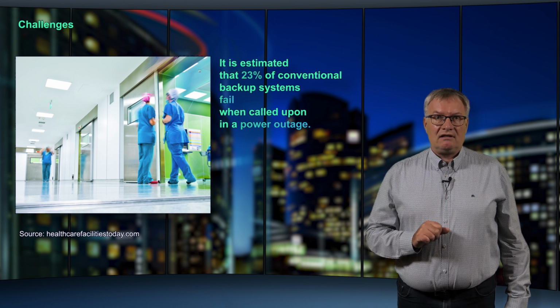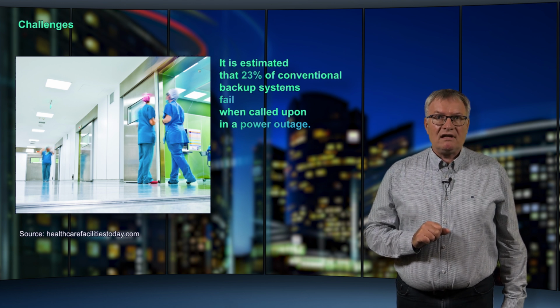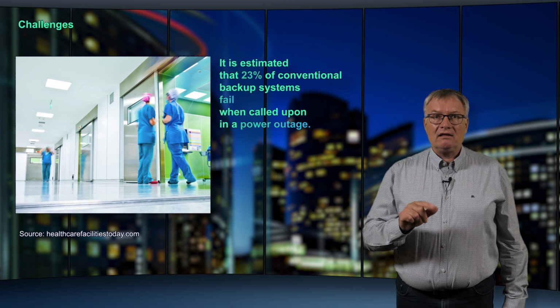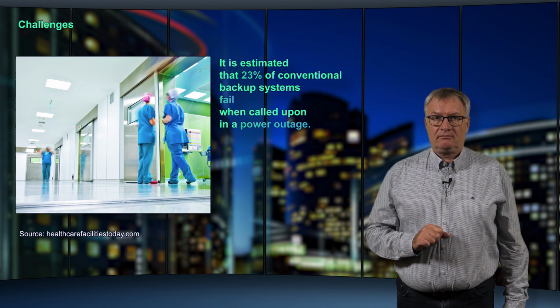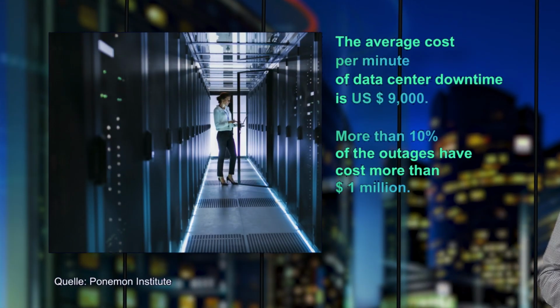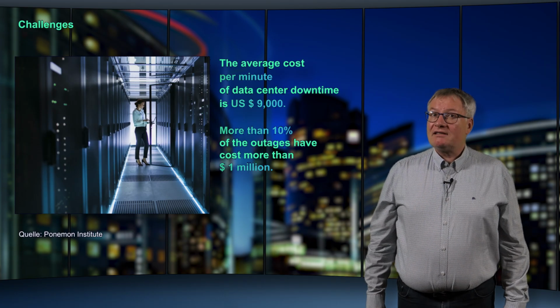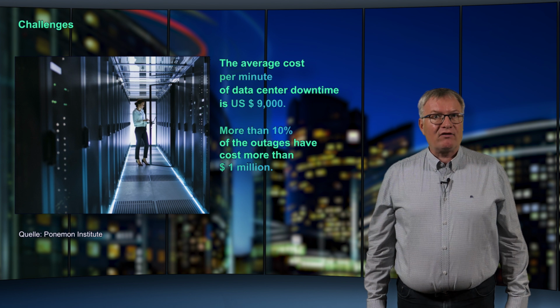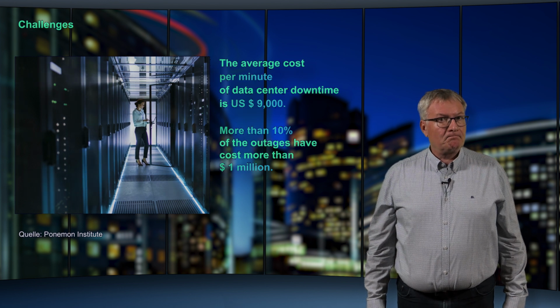Regarding medical facilities, Healthcare Facilities Today has estimated that 23% of conventional backup systems fail when called upon in a power outage, as well as challenges in data centers, where the average cost per minute of downtime is $9,000. In addition, more than 10% of the outages have cost more than $1 million.